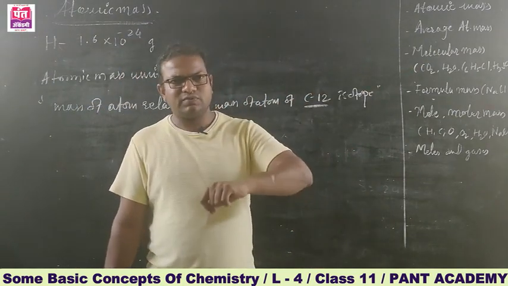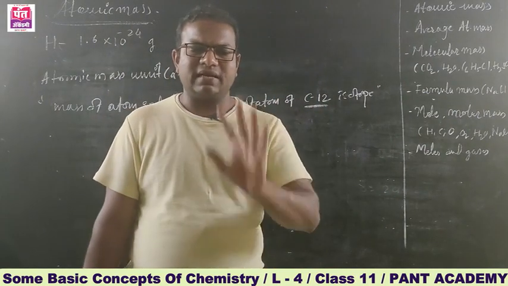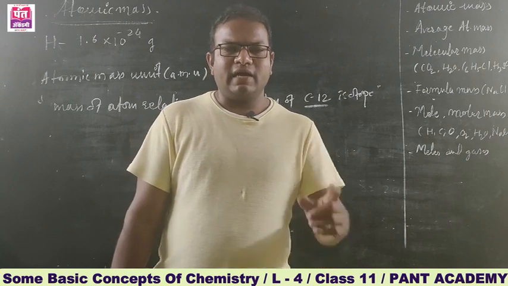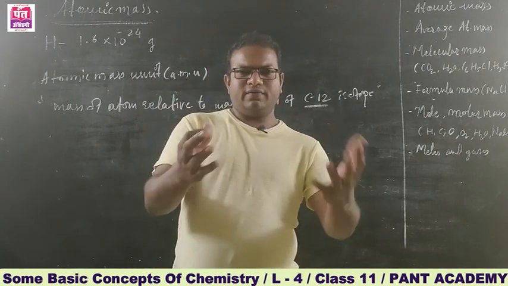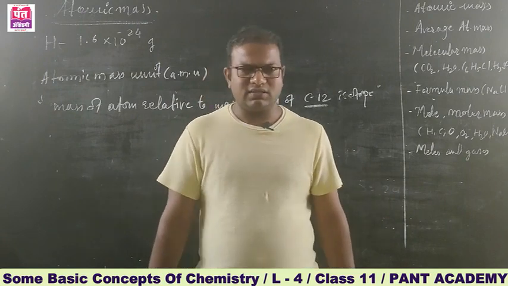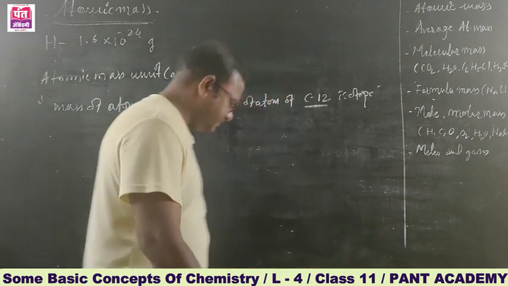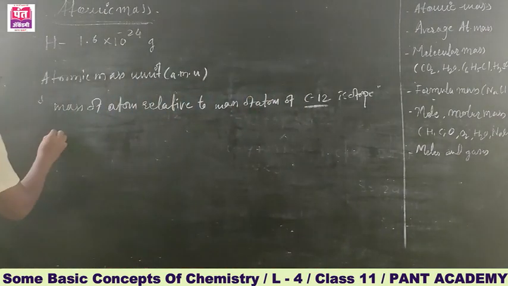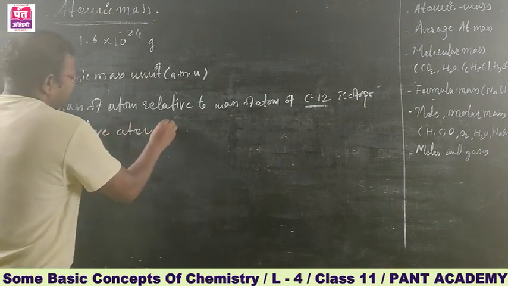Carbon 12 isotope च्या बरोबर जे काही मास असतं त्यालाच काय म्हणायचं आहे atomic mass. म्हणजेच whatever atomic masses of particular atom we will see that all are called as relative atomic mass. त्याला काय म्हणलं जातं relative atomic mass.